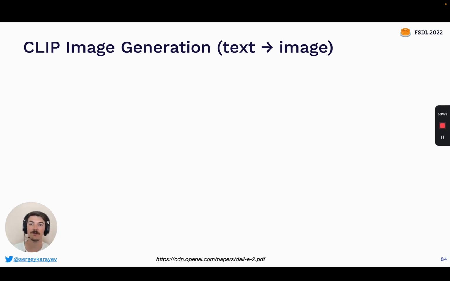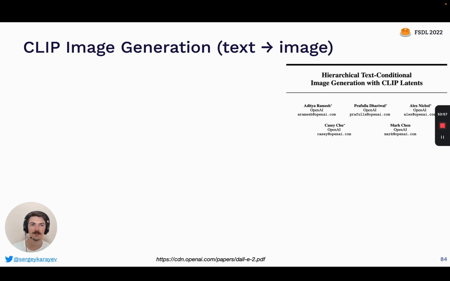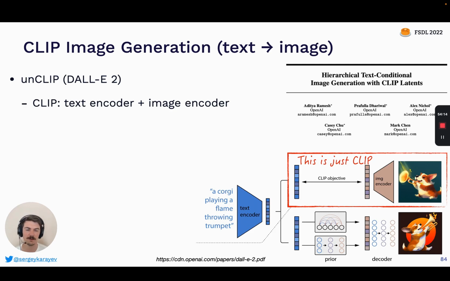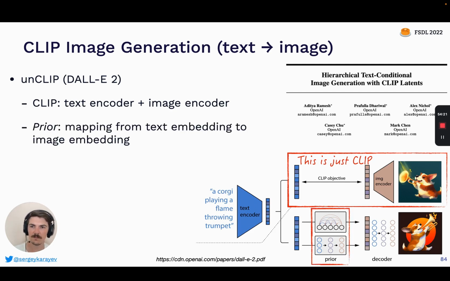How could you go from text to image? How do you do image generation? So this is a paper that you've probably seen called DALL-E 2, Hierarchical Text Conditional Image Generation with CLIP Latents. In the paper, it's called unCLIP. In the media, the press releases, it's called DALL-E 2. And so what they do is they have CLIP as the text encoder and image encoder. But they introduce a couple of new things.